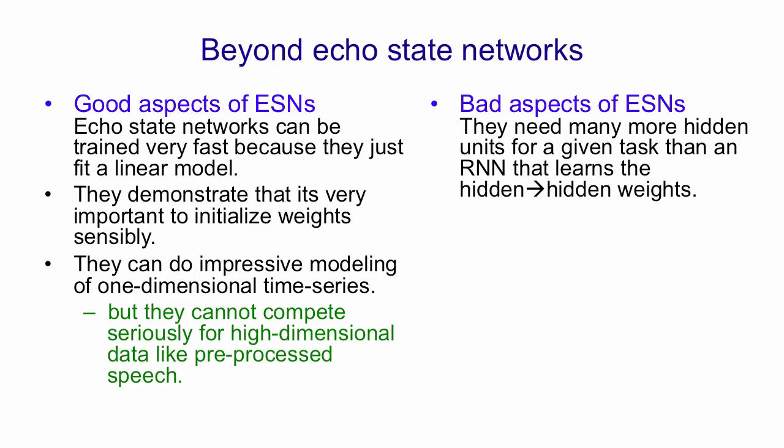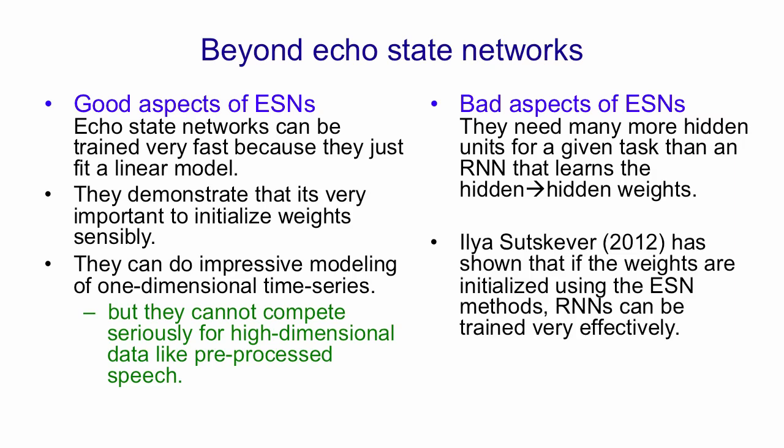In order to model data like that, they need many more hidden units than a recurrent neural network where you train the hidden-to-hidden connections. Recently, Ilya Sutskever tried something which is fairly obvious, which is to initialize a recurrent neural network using all the tricks developed by the people doing echo state networks. Once you've done that, you know you could learn quite well just by learning the hidden to output connections.